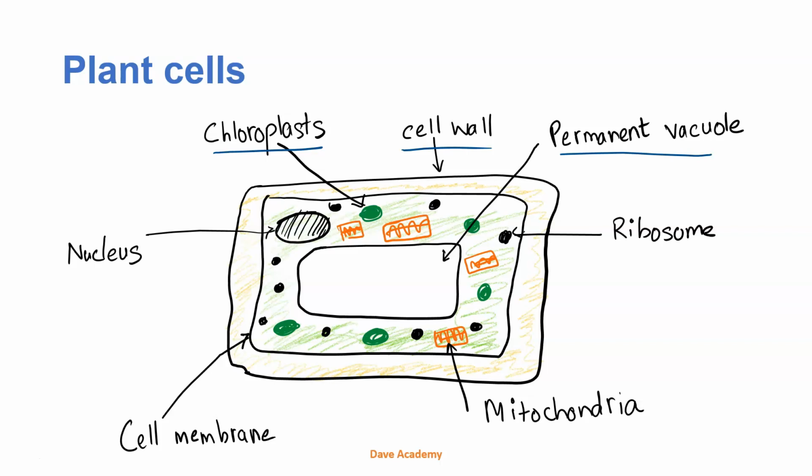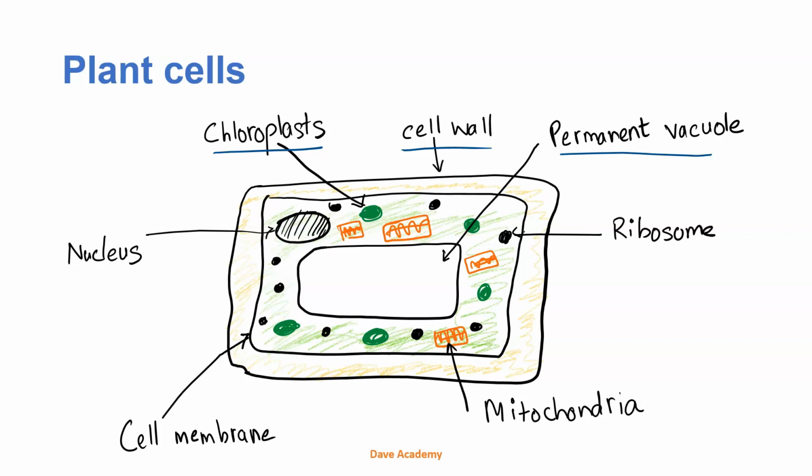But along with mitochondria, we also have a chloroplast where photosynthesis takes place. That is missing in the animal cell. The plant cell does have a cell wall along with the cell membrane, which is not present in an animal cell. And lastly, the animal cell does not contain the permanent vacuole, which the plant cell has.